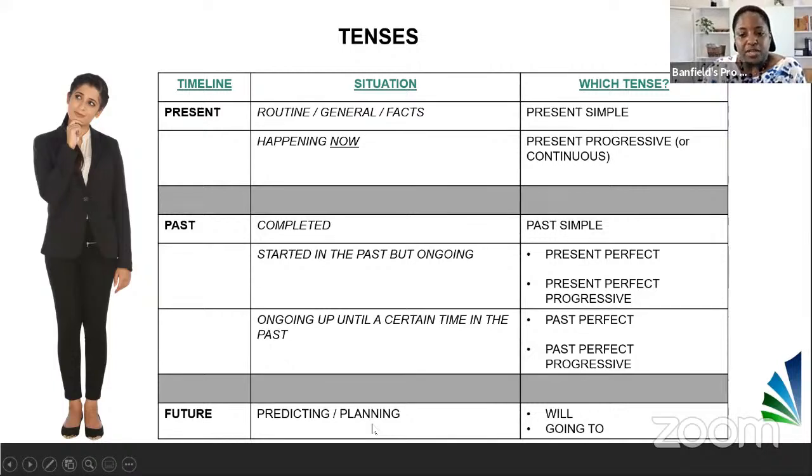So for the future then, we have also two forms, which most people will be familiar with, will and going to. Now, there's lots of question when you use will, when you're saying that something is inevitable, it will happen, versus when you use going to, if you're talking about you're planning something.